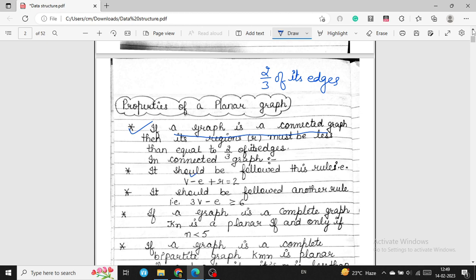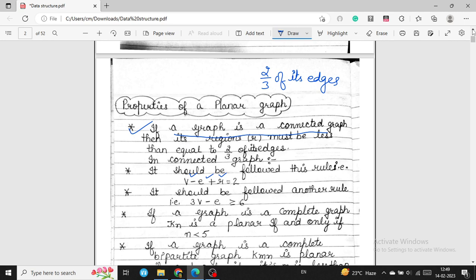When you solve this equation, it should be equal to 2. If it is equal to 2, then we can say it is a connected graph, and then we can say that it is a planar graph.